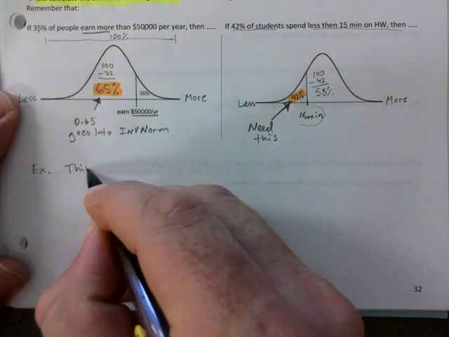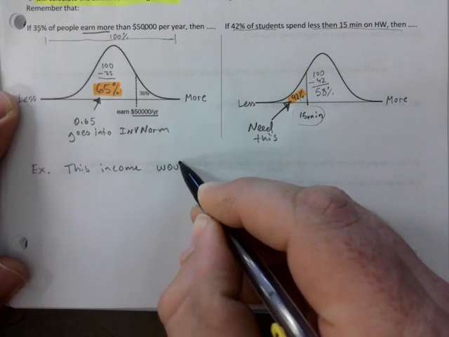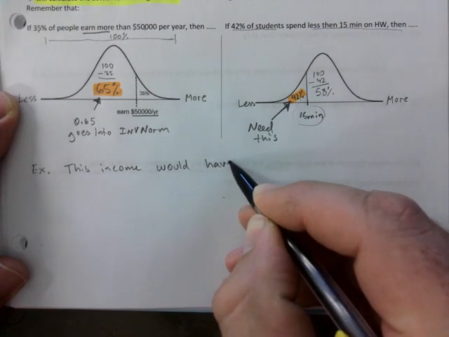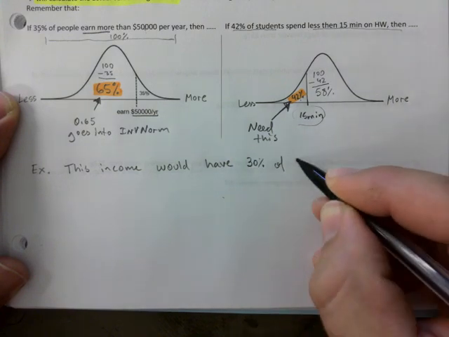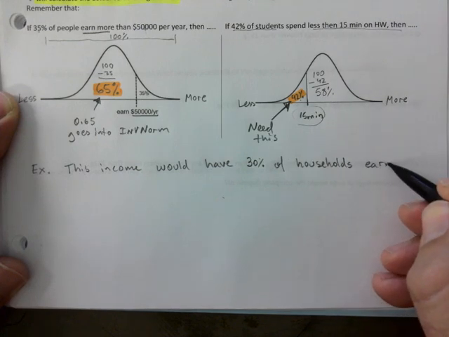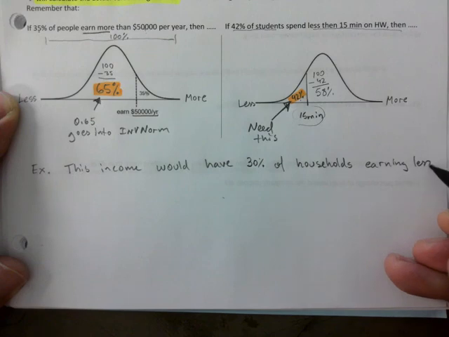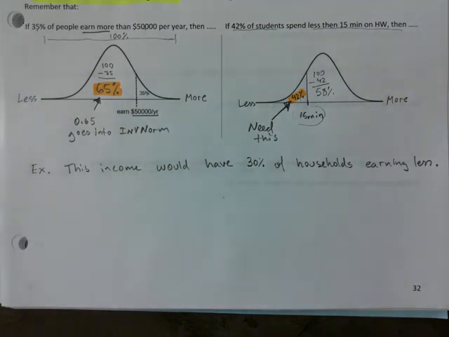This income would have 30% of households earning less. And I know it's going to be a little tricky, but they're asking for this income, not the percentage, not the probability. This income would have 30% of the households earning less.